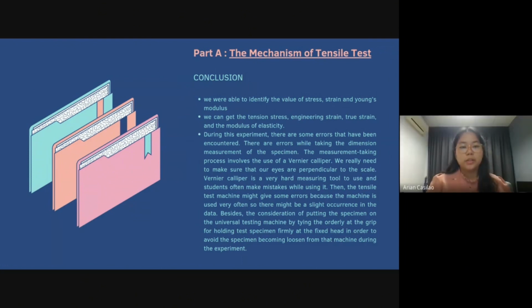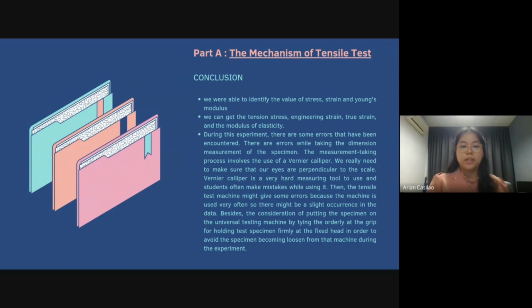To conclude, the tensile test experiment using high-density polyethylene and a universal testing machine helped to determine the value of stress and strain as well as Young's modulus. This allowed the tensile stress, engineering strain, true strain, and modulus of elasticity to be calculated.